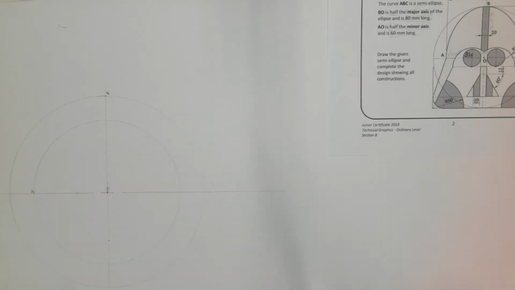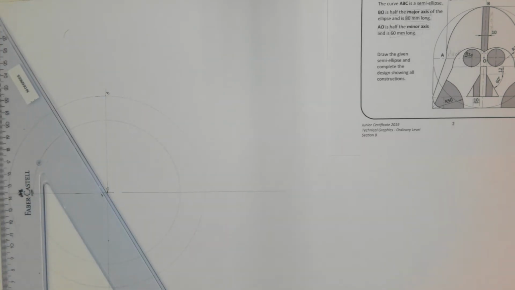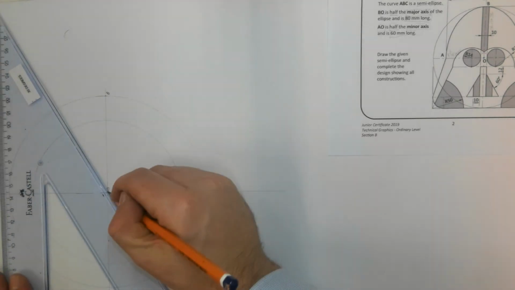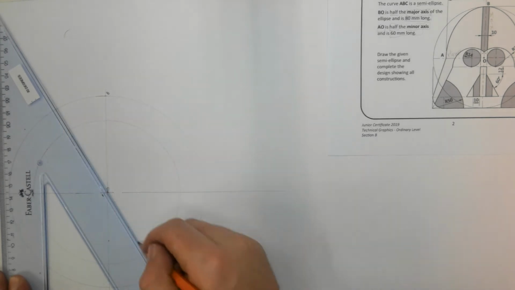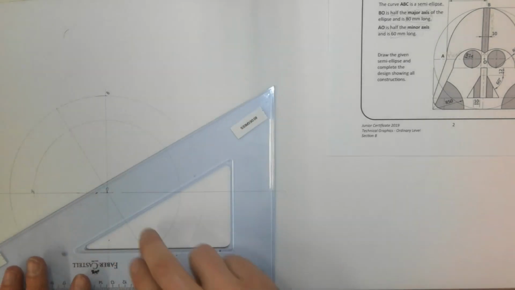There we go. Right, we're going to divide our circles into 60-30 with the set squares.